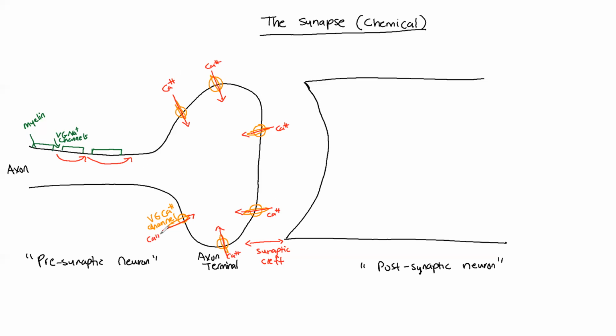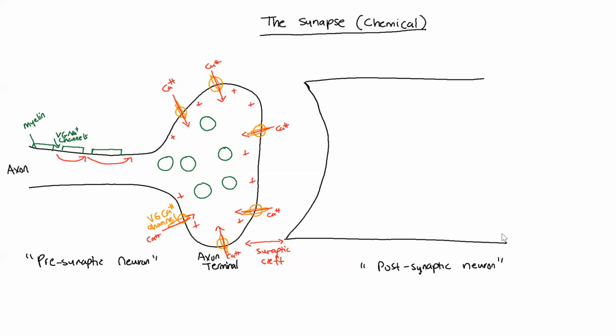Okay, so that's the first step of what takes place here. The action potential gets to the axon terminal, we open up these voltage-gated calcium channels, calcium rushes into the cell, and then calcium is going to depolarize the axon terminal. It's going to become more positive in here. Calcium is positively charged, two times so. And depolarizing of the axon terminal actually triggers the release of our neurotransmitter vesicles. We've got these vesicles inside our axon terminal, just being stored here, kind of just chilling out.